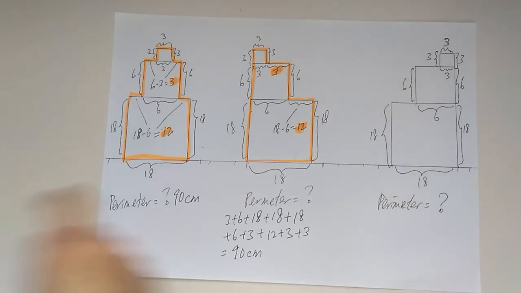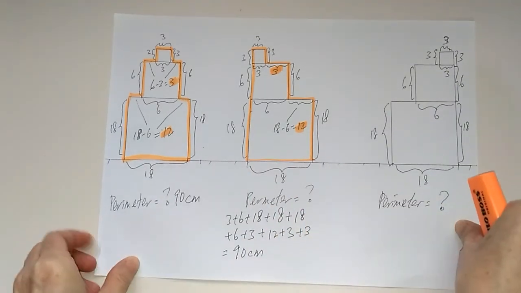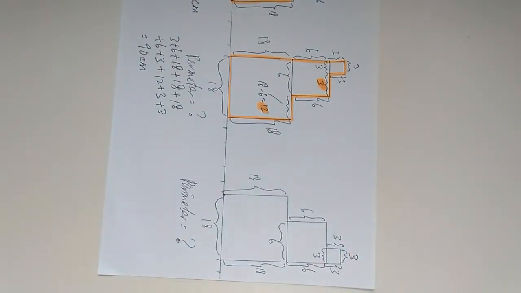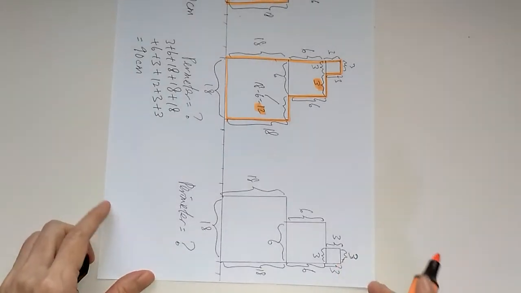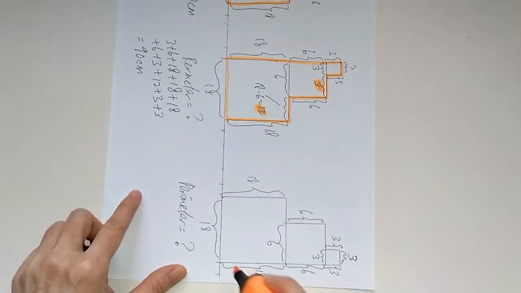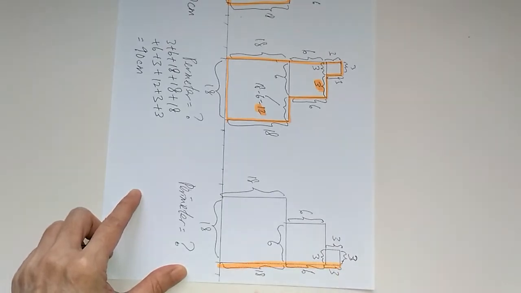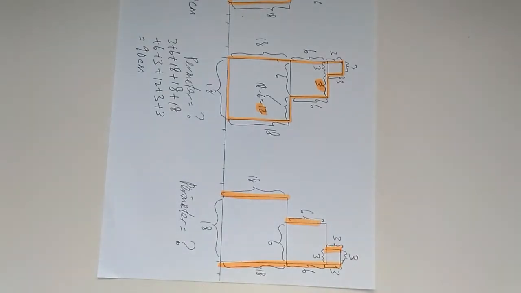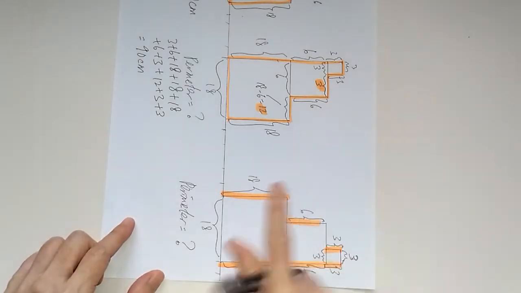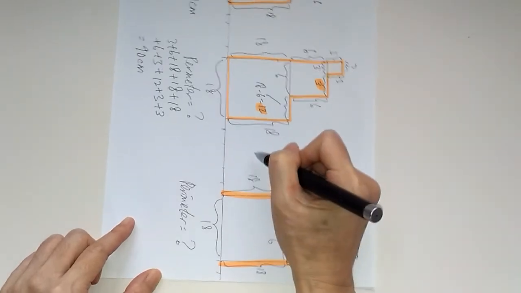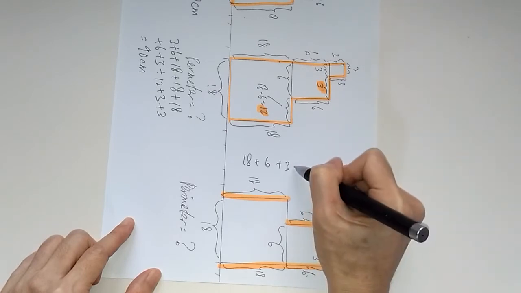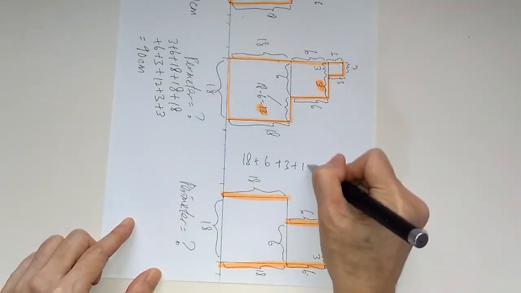Then there's another way. You may also want to look at it from a different angle. If I turn this figure around, I can see this line. This top 3 lines will be 18 plus 6 plus 3 plus 18 plus 6 plus 3.